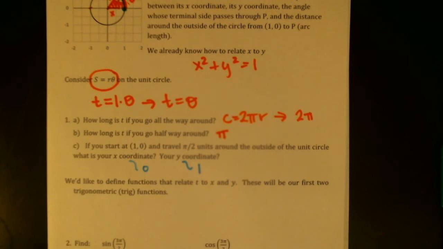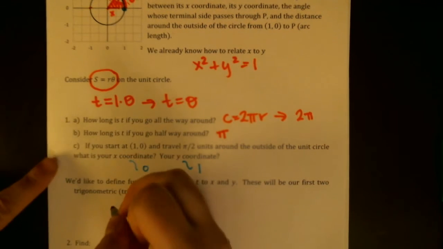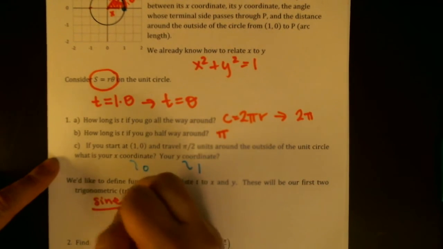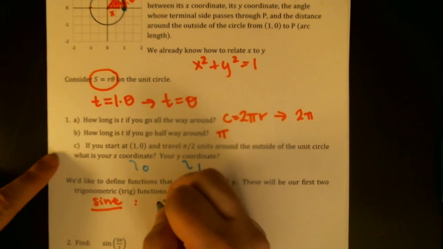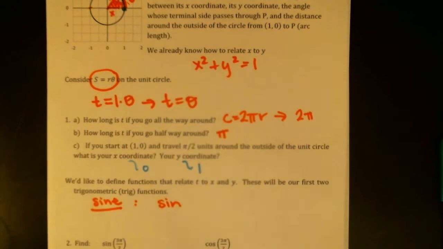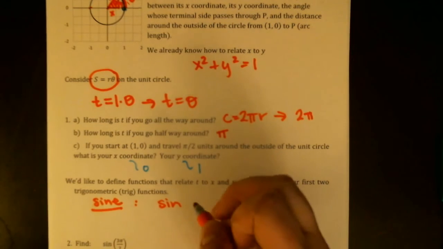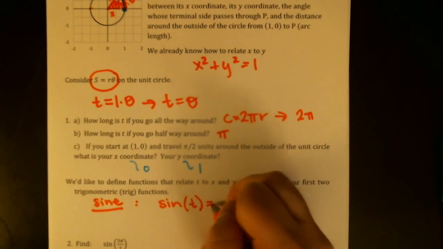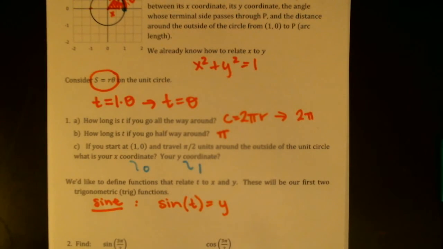So we're going to define, we'll go back to orange, sine. It gets an abbreviation, just SIN, not a very impressive one, but all of the trig functions will get a 3-letter abbreviation. So this one is SIN. Sine inputs a t value and outputs your y value on the unit circle.